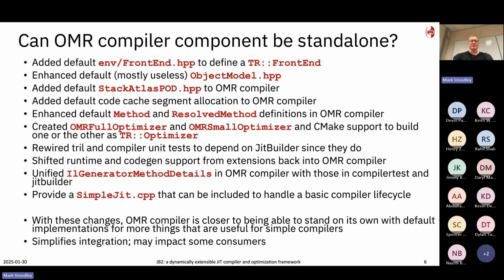Then with a little bit of #ifdef macro and CMake support, a compiler extension can use either the full optimizer or the small optimizer. It builds one or the other, and it gets swizzled in optimizer.hpp when it's deciding what to make TR optimizer. It basically just extends either full optimizer or small optimizer, and you get whichever one you build.